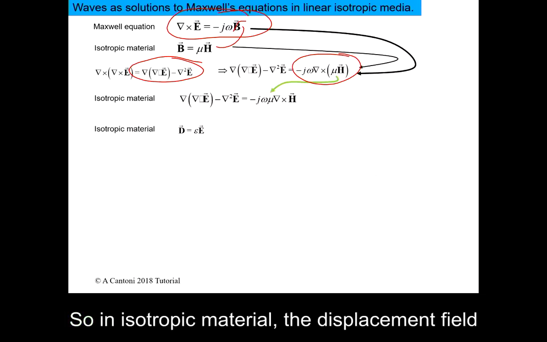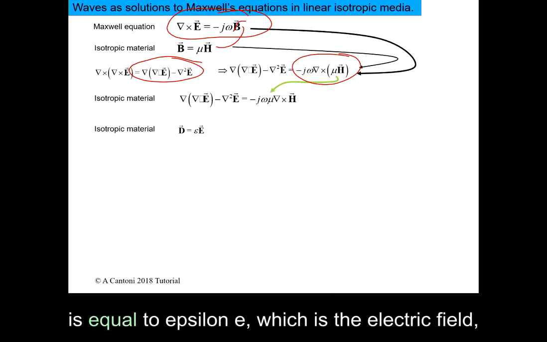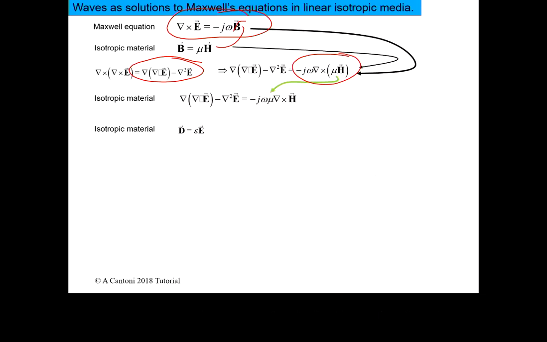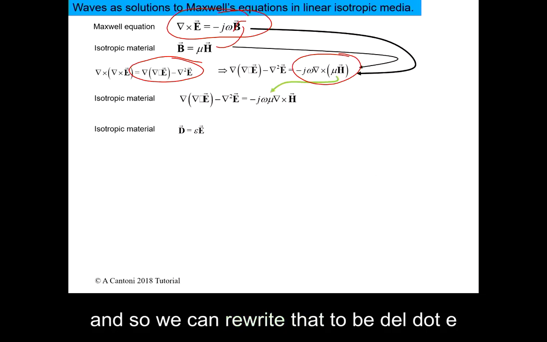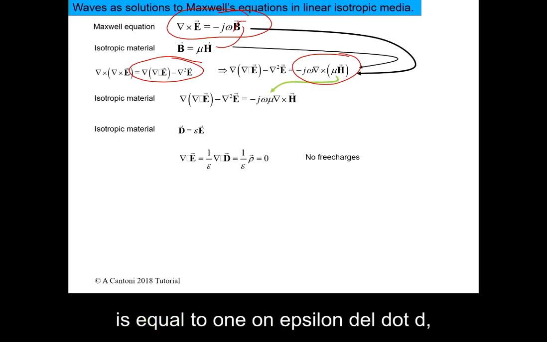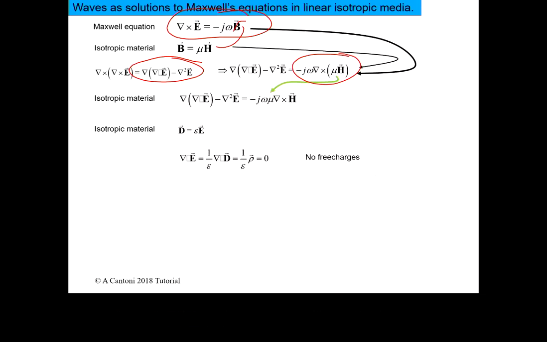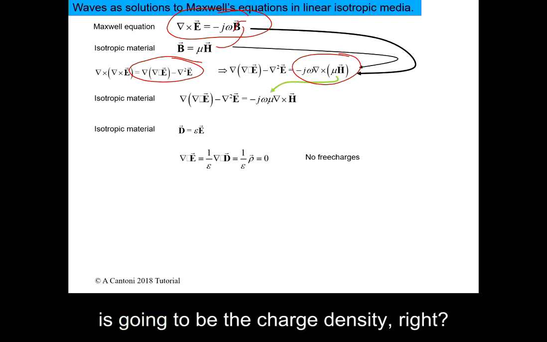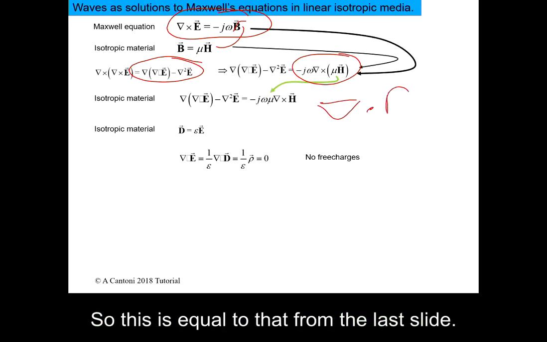So in isotropic material, the displacement field is equal to epsilon E, which is the electric field. And so we can rewrite that to be del dot E is equal to 1 on epsilon del dot D. And del dot D, as we saw before, is going to be the charge density. So this is equal to that from the last slide.